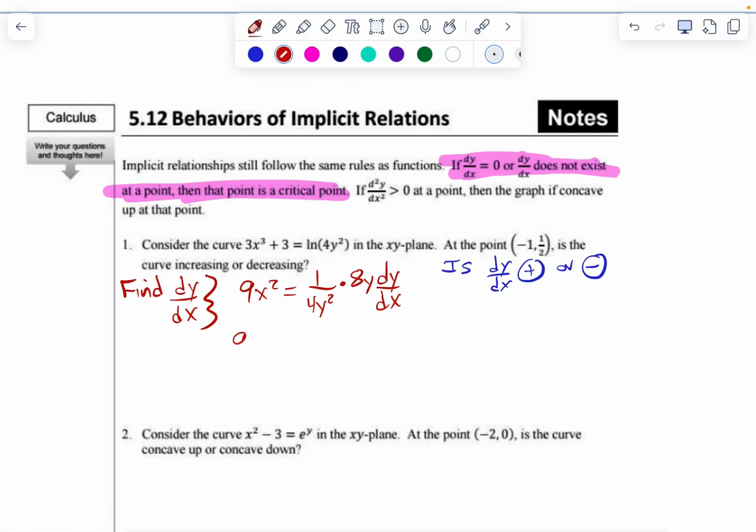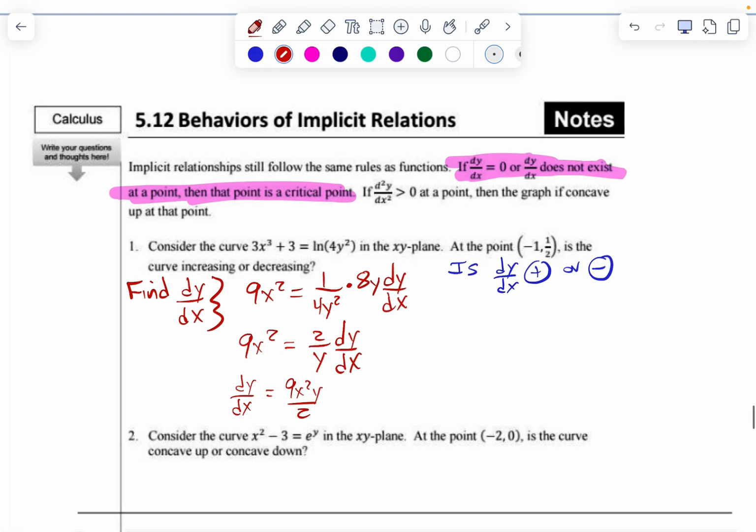One thing we could do, though, is simplify this on the right side. 8 divided by 4 is 2. Y divided by y squared is y in the denominator, like so. So you could multiply by y over 2 and then get dy dx by itself if you want. You don't have to, though. So dy dx is 9x squared y over 2, if you want. Again, you can do either version for answering this problem.